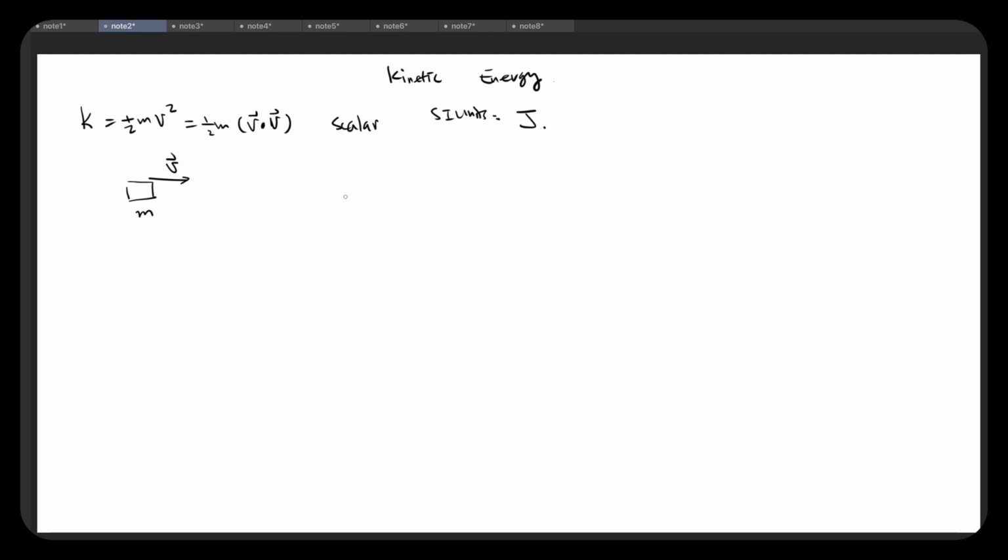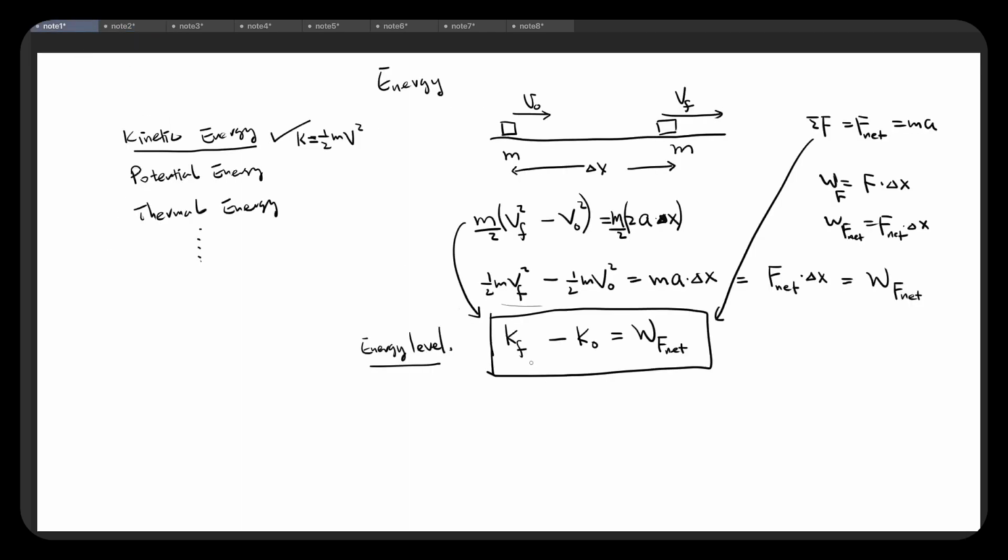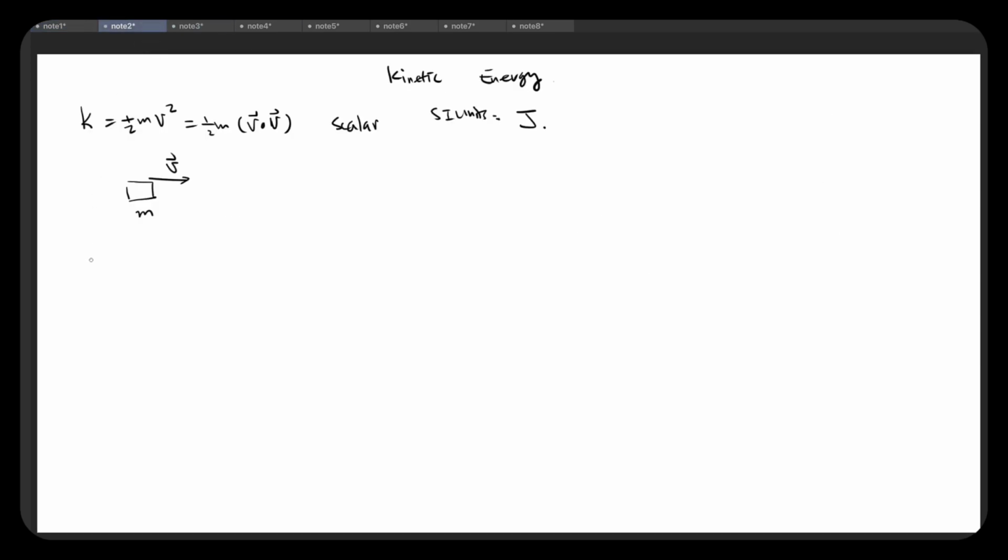And let's relate the kinetic energy to the work done on a system. Let's recall this equation from the previous page. The change of the kinetic energy of a system equals the net work.